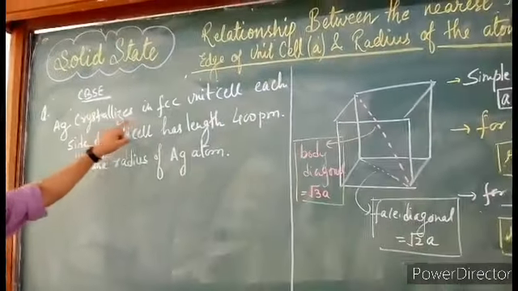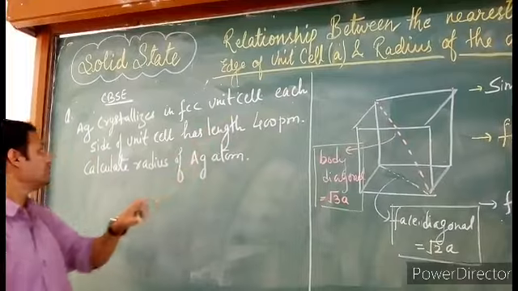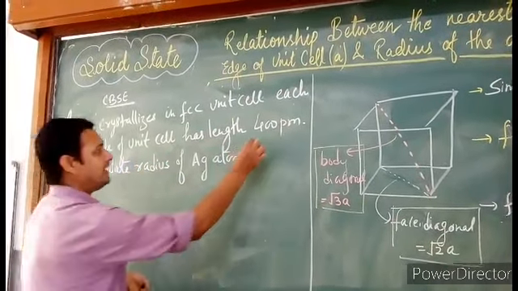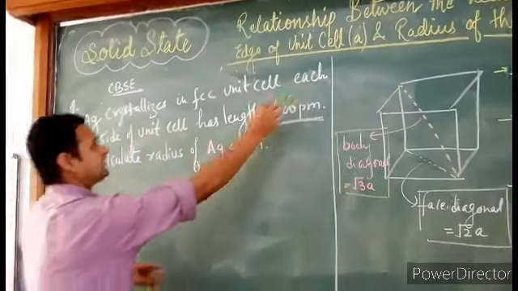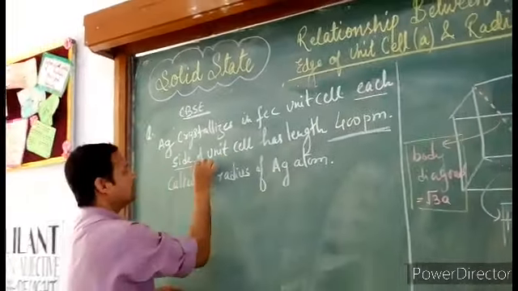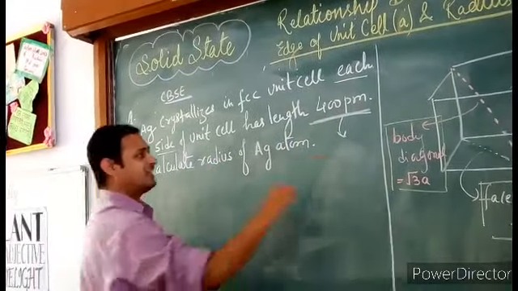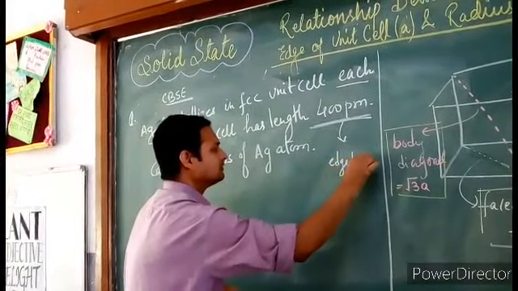Silver crystallizes in a face-centered cubic unit cell. Each side of the unit cell has length 400 picometer. Each side, so what is 400 picometer? This is the edge length.